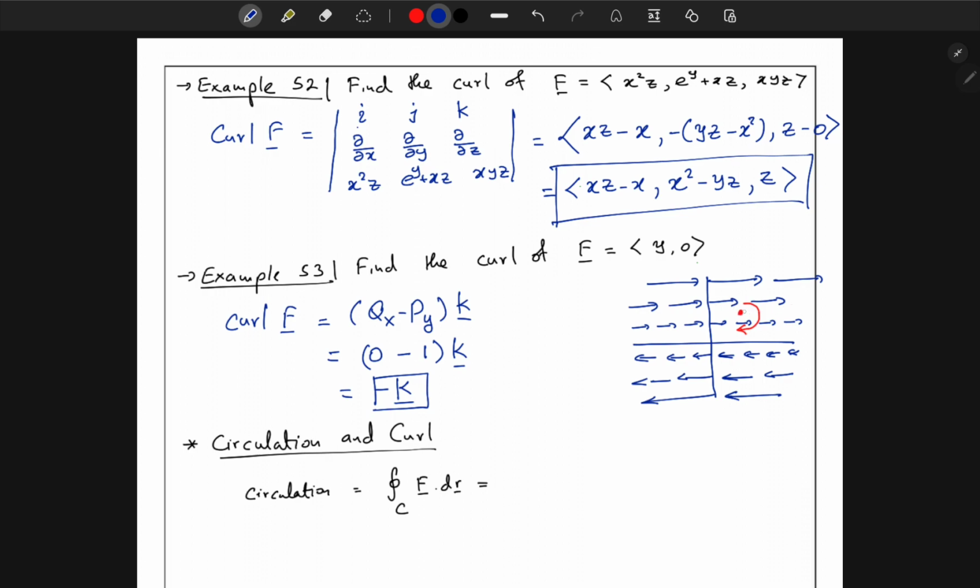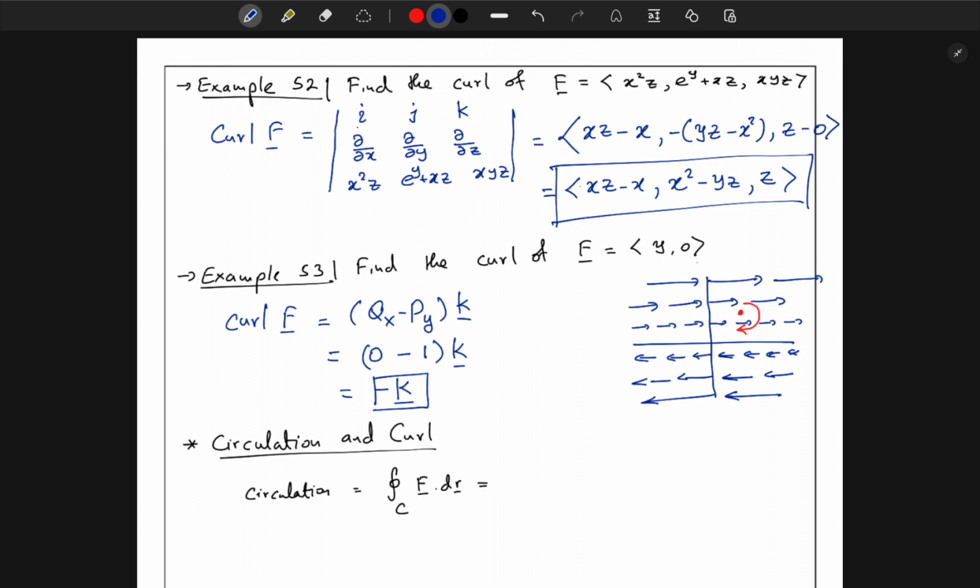So the leaf will flow towards the right, but it will be rotating slightly. So as time moves on, the leaf will move towards right while rotating clockwise. Curl calculates the rotation part.